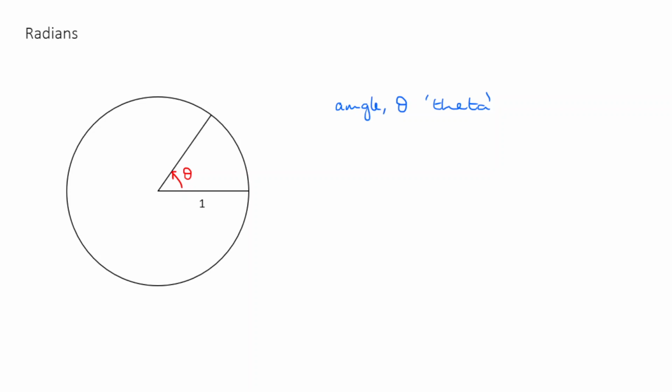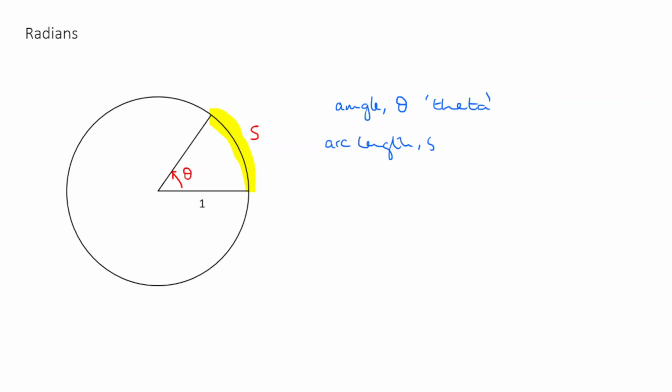As we go through that angle of theta, we subtend an arc. Subtend is a word which means you go through an arc. We're going to define that arc as S, so we've got an arc length S. And for radians, whatever the length of our arc is, that is our angle in radians.